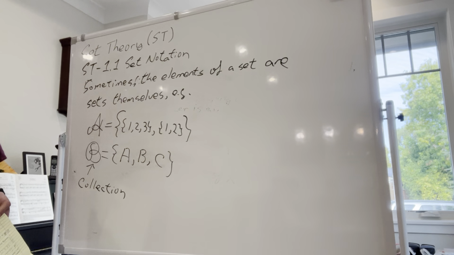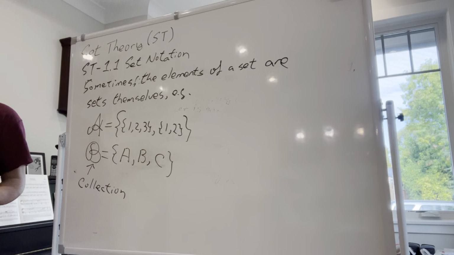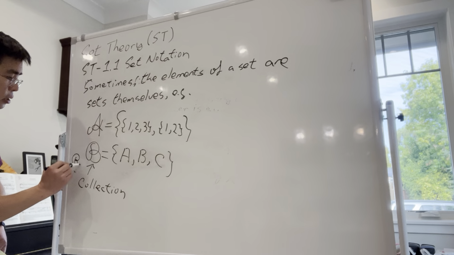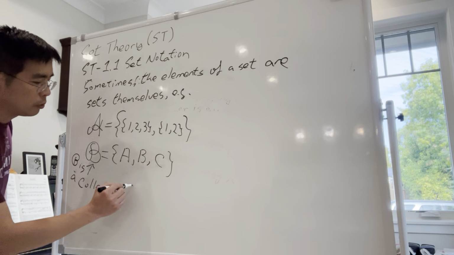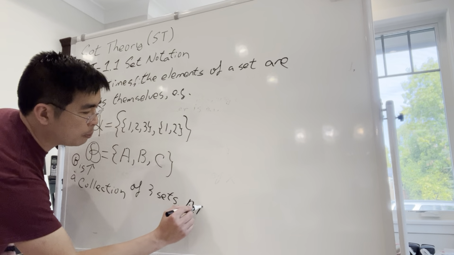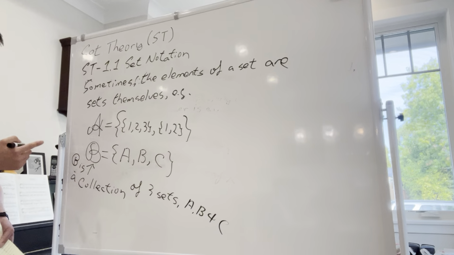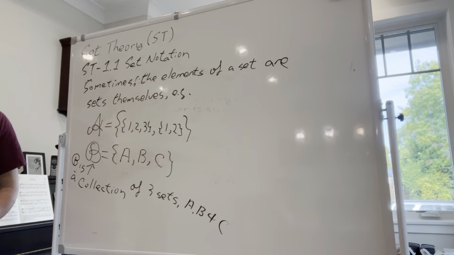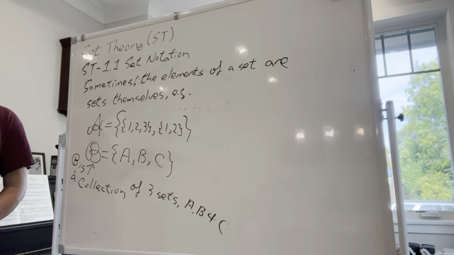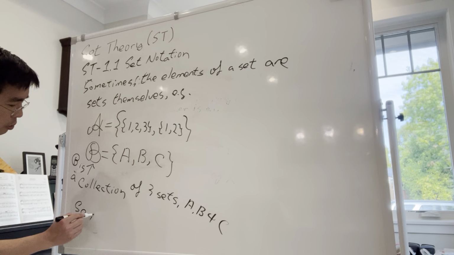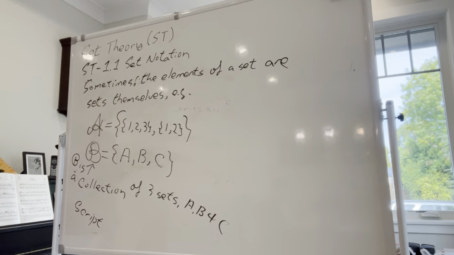So we say B is a collection of 3 sets, A, B, and C. This is another convention: small letters for the elements, capital letters for sets, and when it is a collection, people usually use script letters. So this is why it's written this way.